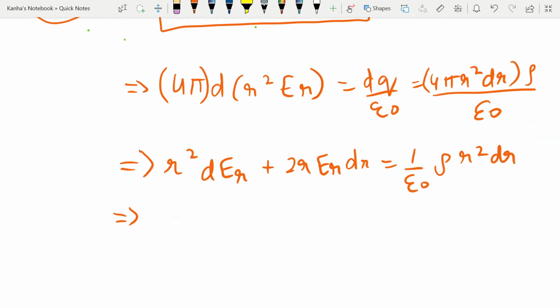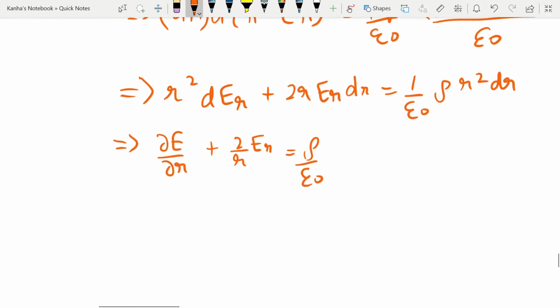Let's write this again. Dou E by dou r plus 2 by small r Er is equal to rho by epsilon naught. From here we can easily write that rho is equal to minus 6 epsilon naught A.